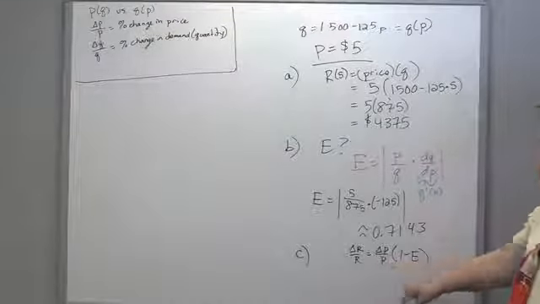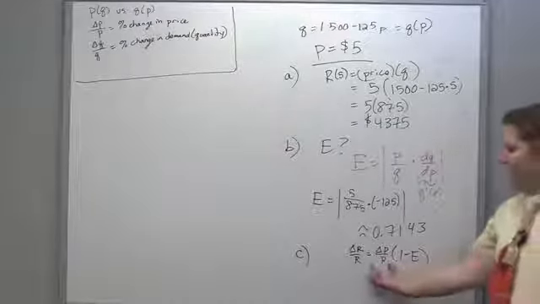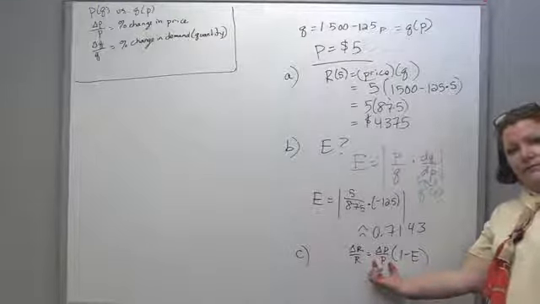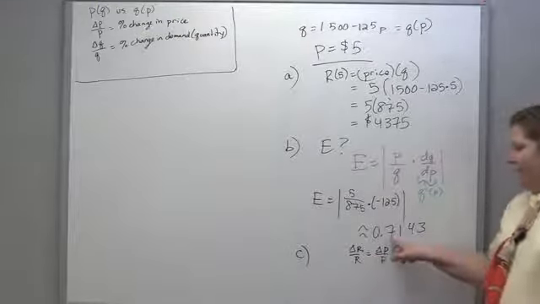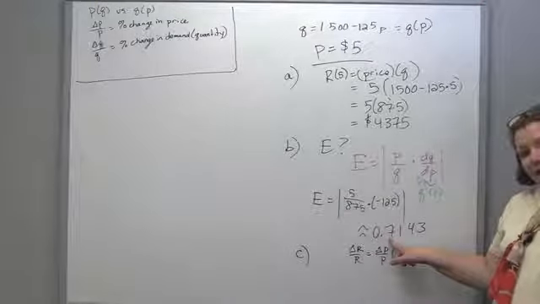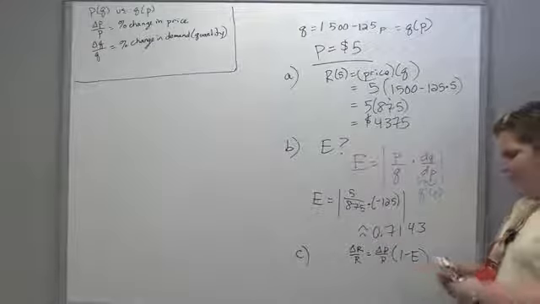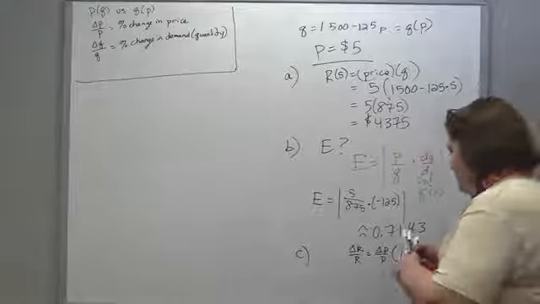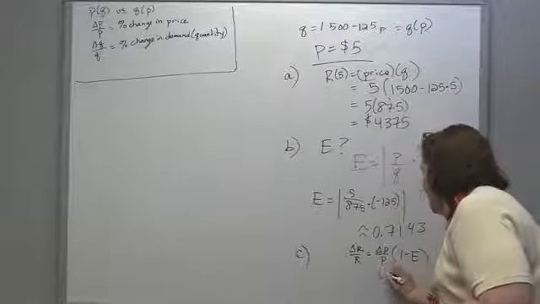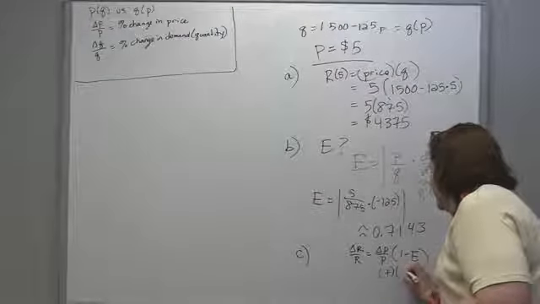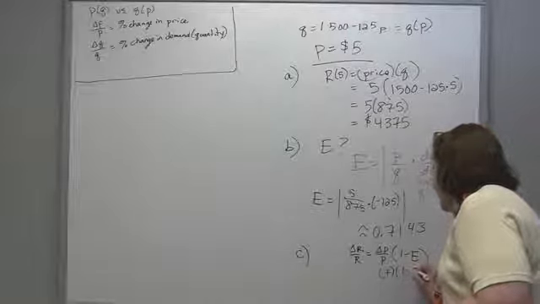If we have an increase in price, and we got elasticity to be about 0.7, then we're looking at a percent change in price that is positive, times 1 minus 0.7143.